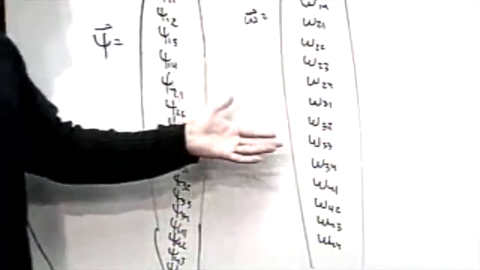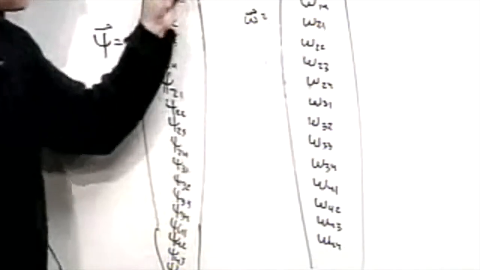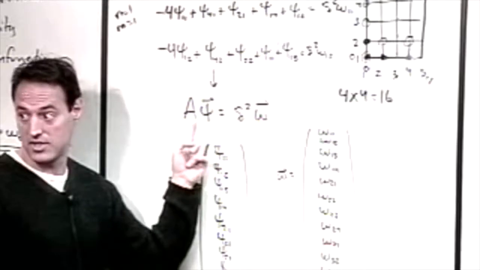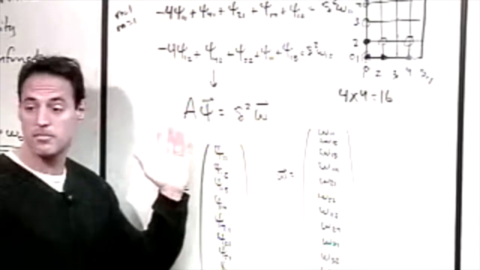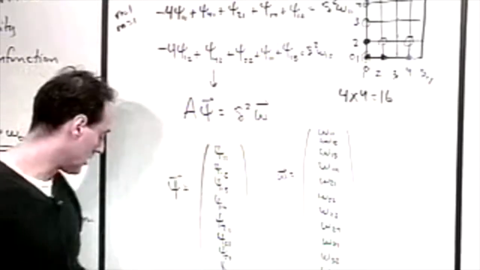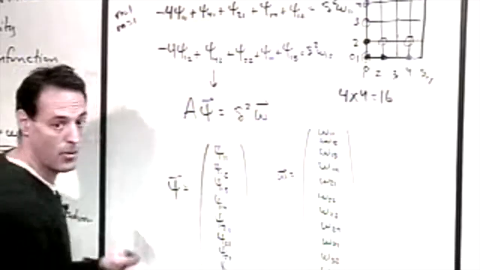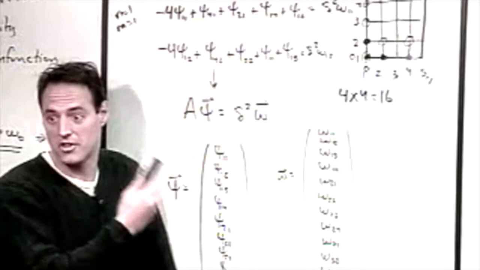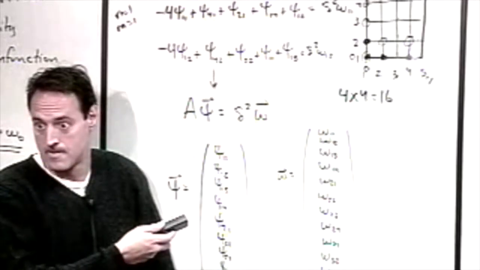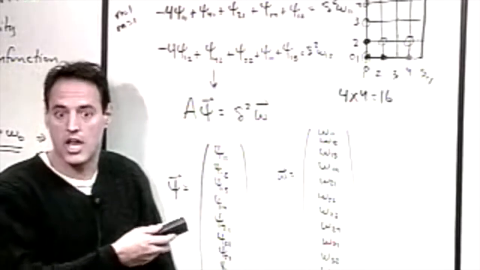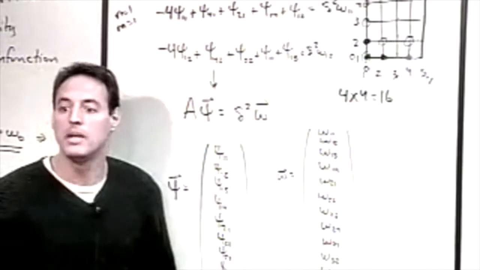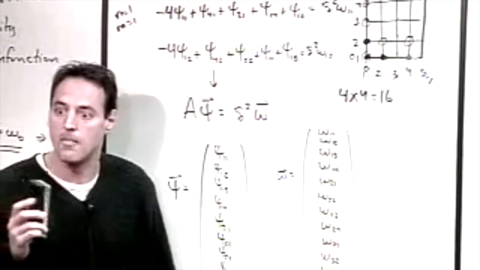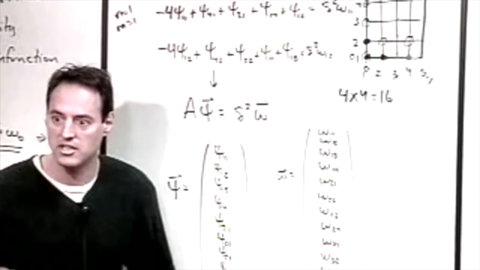Because now you're saying, I'm not working with small matrices, because now the matrix A, how big is this? Matrix A right here is 16 by 16. And by the way, that matrix A, if I did do 100 by 100, is a 10,000 by 10,000 matrix. So now you're going to say, I've got to solve Ax equal to b with a 10,000 by 10,000 matrix. And believe me, 100 points in each direction is not much.